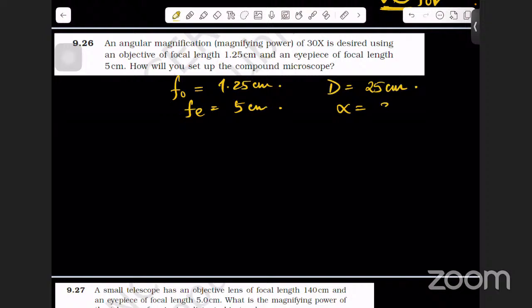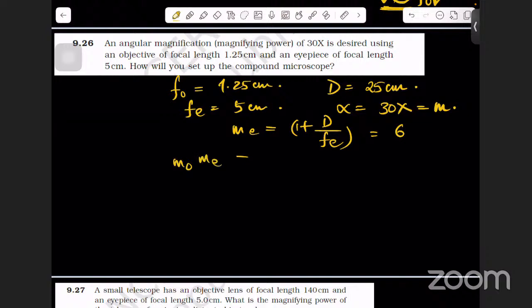Now, the magnifying power of the eyepiece is 1 plus d upon fe. Okay, d is 25, fe is 5. So this is 1 plus 5, that is 6. Now for the objective lens and the eyepiece lens, the multiplication is the total angular magnification, right? So m naught will be M by me, which is 30 by 6, which is 5.